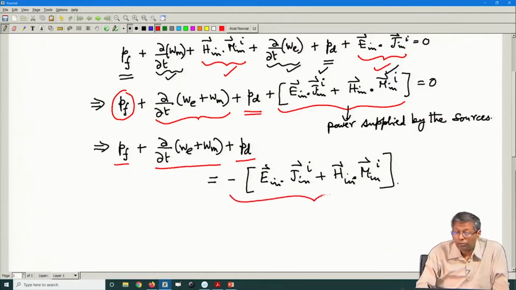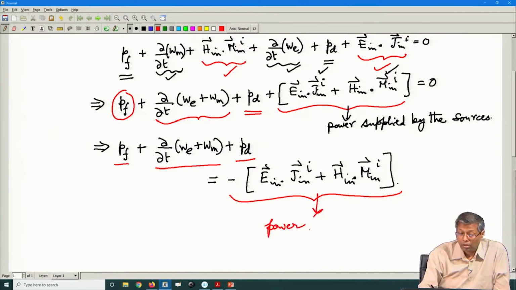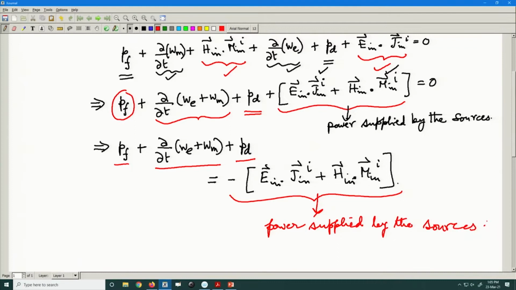The right hand side of the equation contains the power supplied by the sources. So, this is the equation, together with the minus sign.